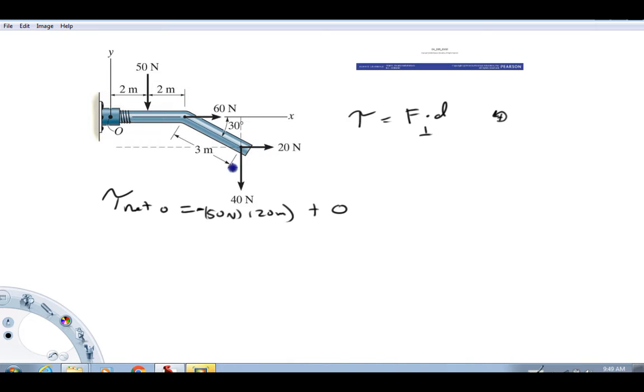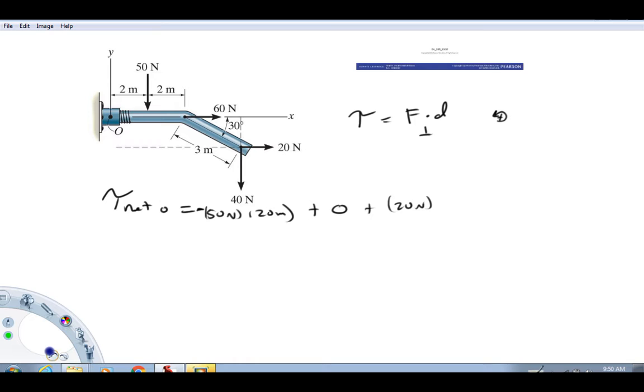These next two forces, let's take the 20 newtons first. The line of action for that 20 newtons is all along this line. The torque produced by the 20 newtons is going to be 20 newtons times the perpendicular distance to the line of action. That's this distance in green, which is the same as this distance.